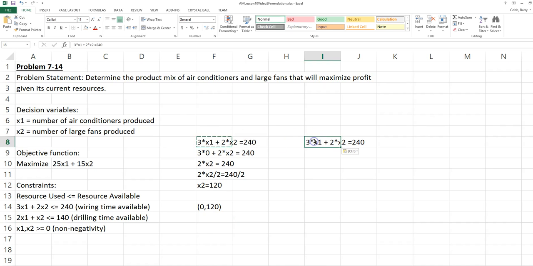Consider the constraint again. What if we decide not to produce any large fans? In other words, we substitute 0 for x2. The equation reduces to 3 times x1 equals 240.